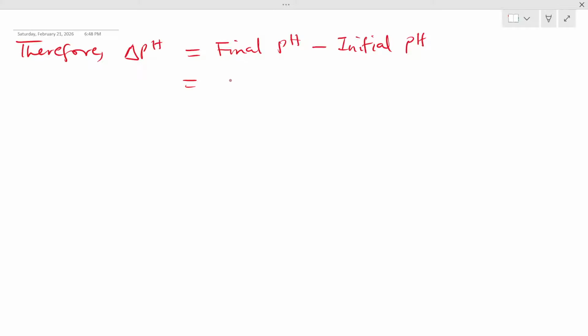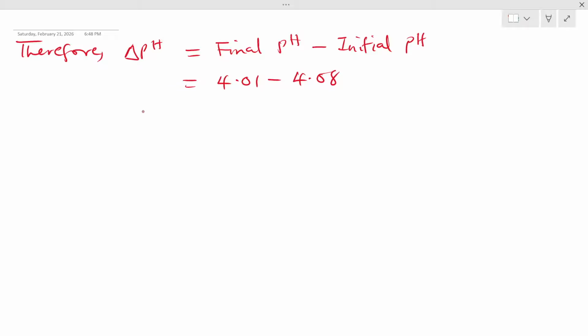Therefore the change in pH, which is delta pH, is equal to your final pH minus your initial pH, and that will give you your final pH to be 4.01, alright, minus your initial pH of 4.08.